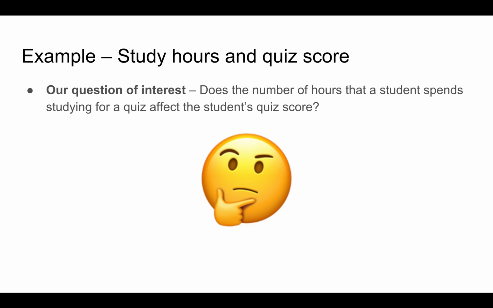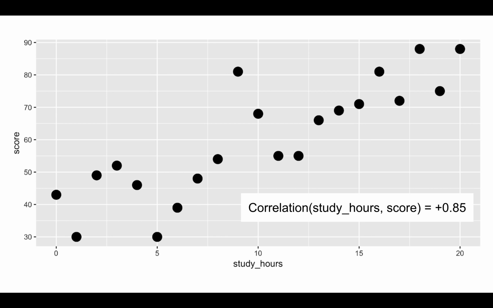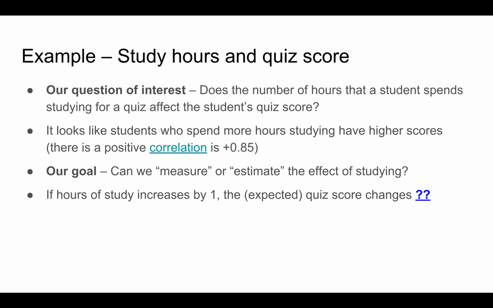Well, we would like to know whether the number of hours studied has an impact on the student's quiz score. If you look at the correlation between the score and the study hours, the correlation is plus 0.85, which is a reasonably large positive correlation.